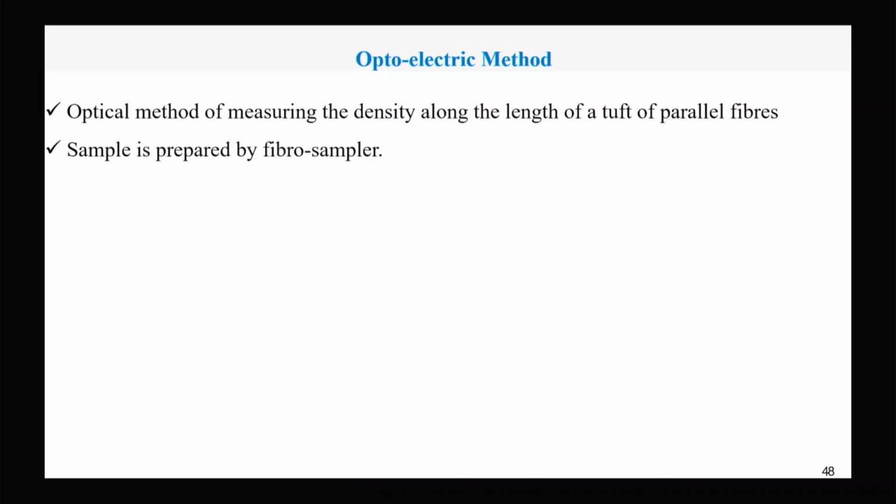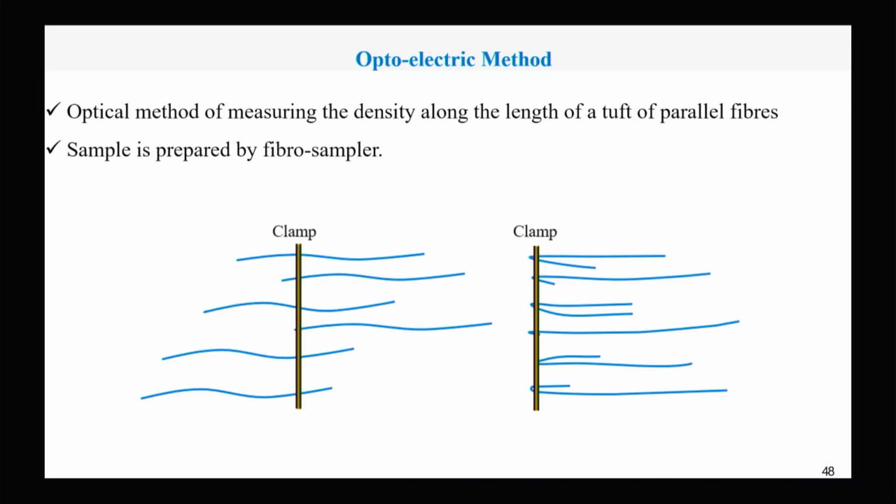This picture is like the earlier one, the loop is being formed, and optical scanning is taking place here, where the number of fibers are counted. This we will discuss in the fiber length measurement module.